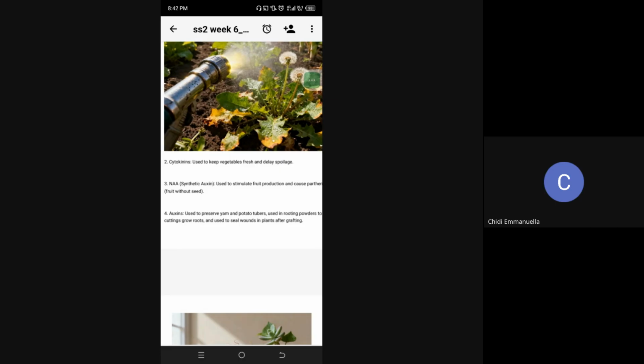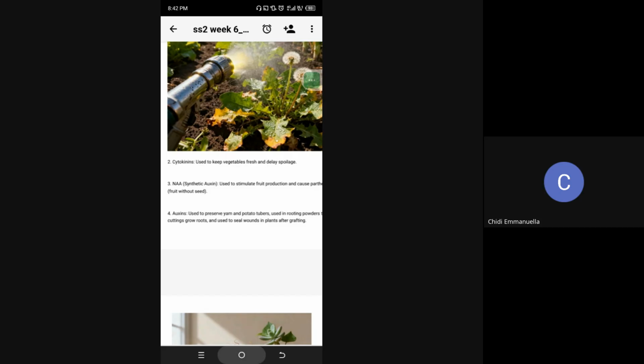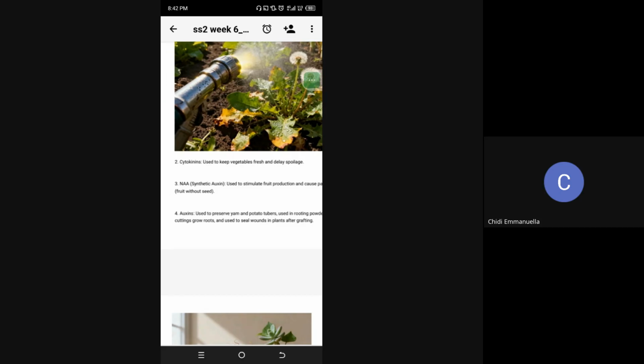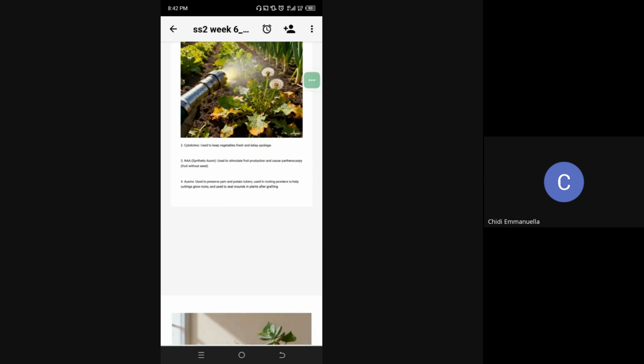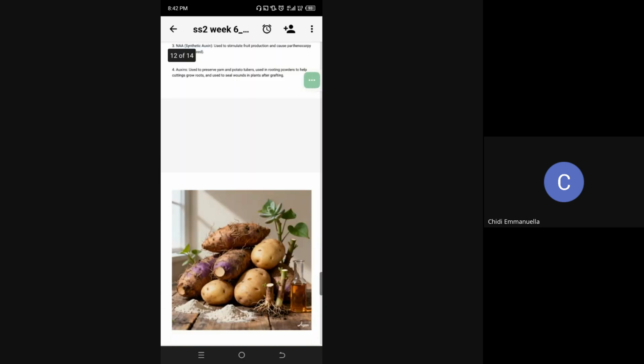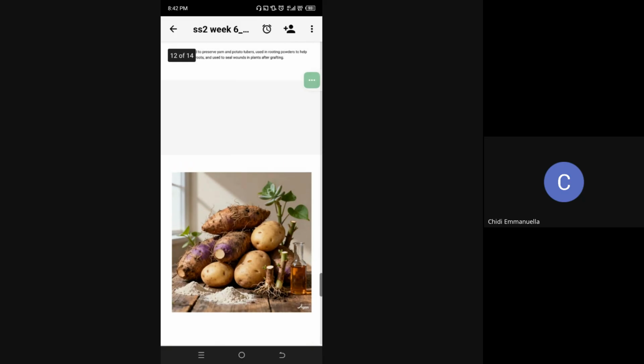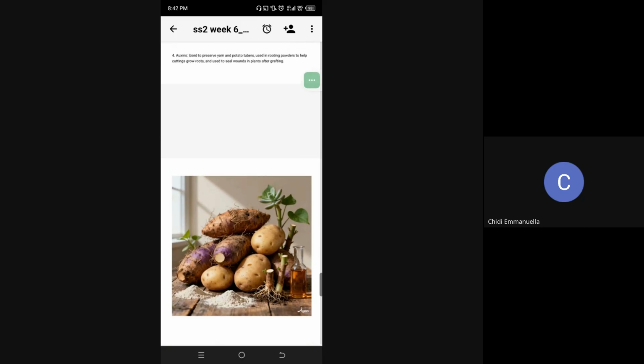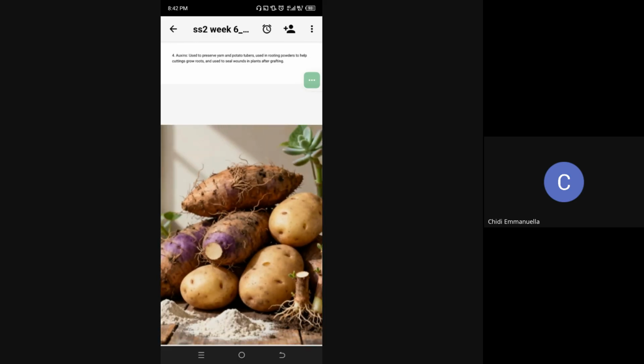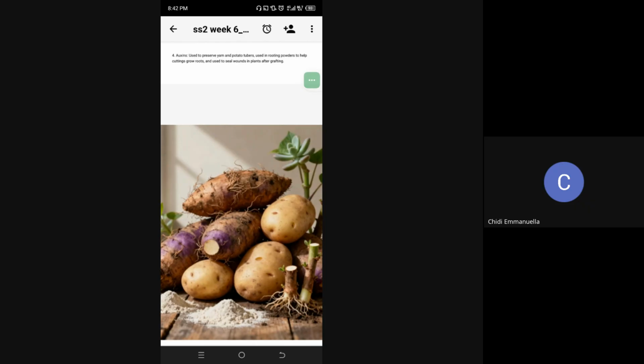Another thing auxin does is prevent budding of the eyes. Do you know what budding of the eyes is? You see this? What kind of food is this? It's a sweet potato. Irish potato and sweet potato, right?